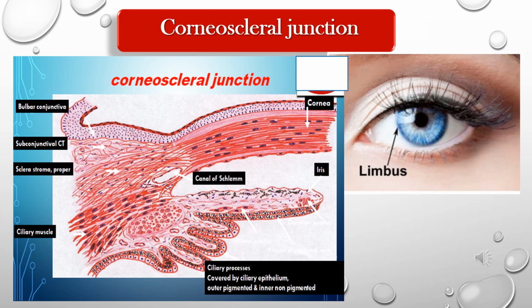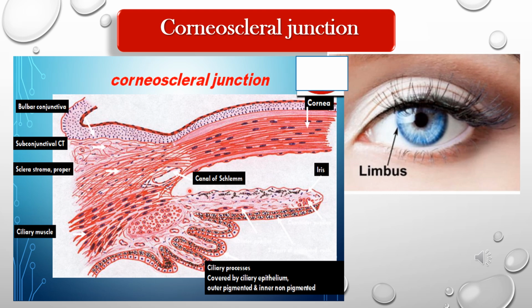The Descemet's membrane splits to form trabecular meshwork, enclosing small spaces called the spaces of Fontana, and the corneal endothelium extends to line the canal of Schlemm and the spaces of Fontana.